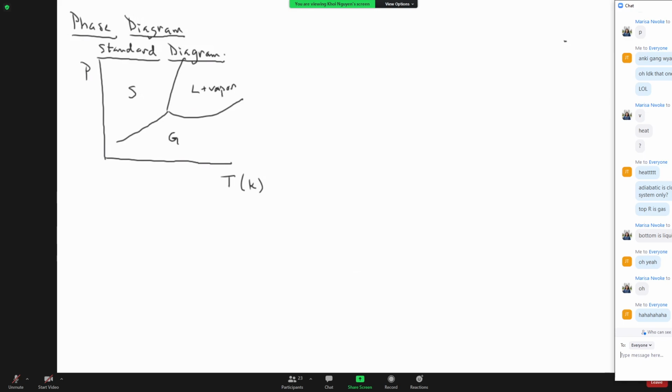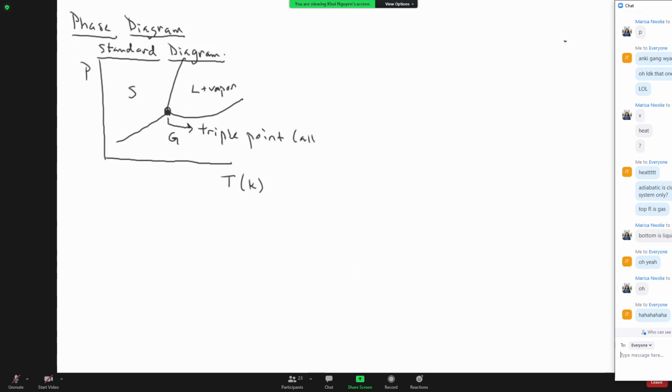There are some points of interest on a standard phase change diagram. The first point here is where all those lines connect. This is commonly referred to as the triple point.